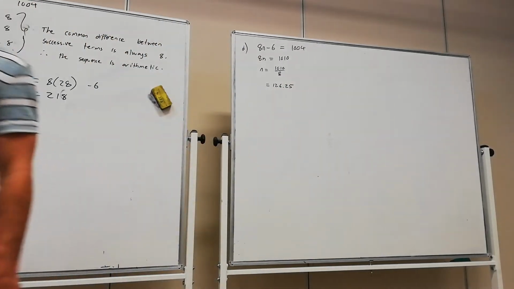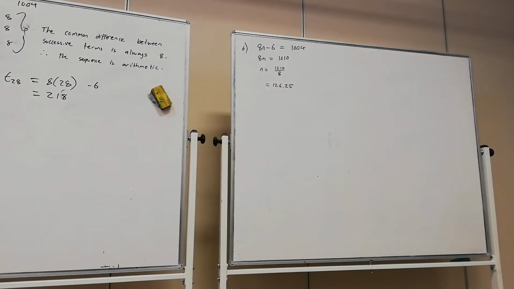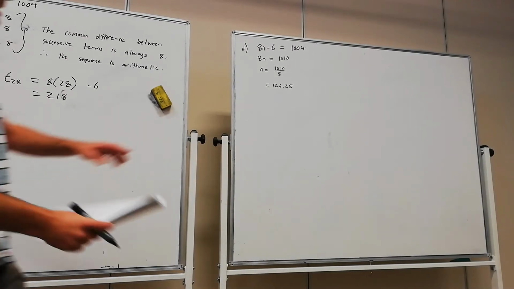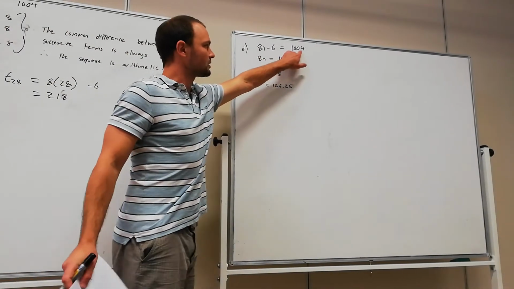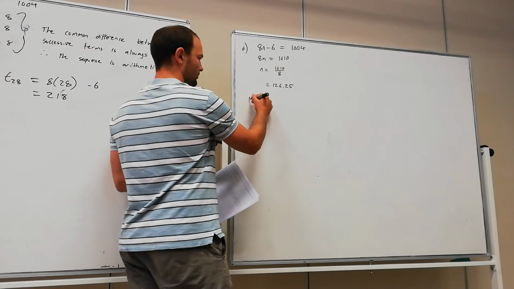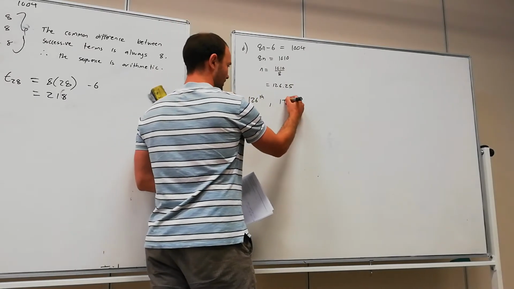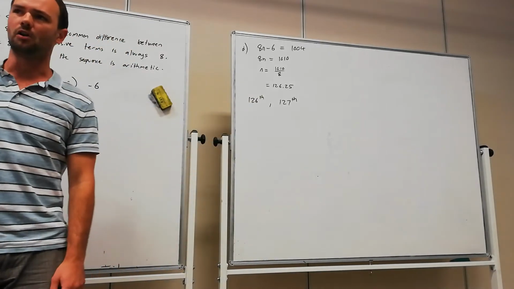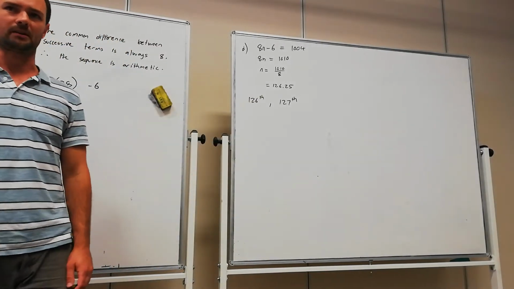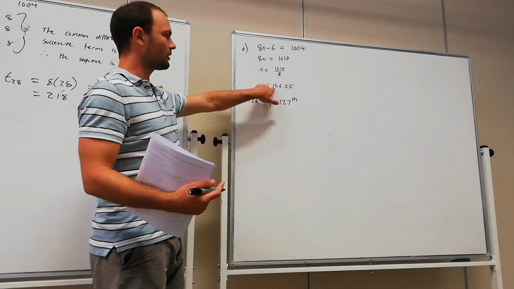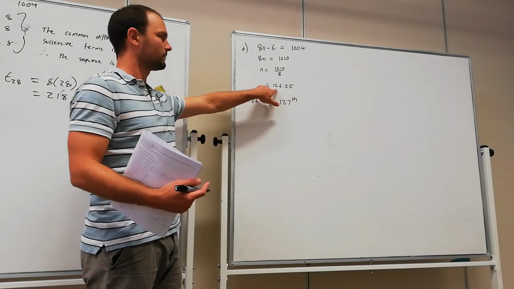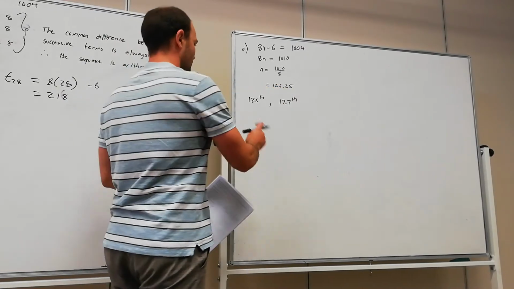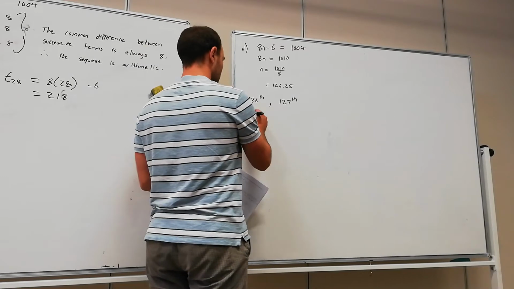So what this means is 1004 is in between the 126th term and the 127th term. It's in between these two terms, so it is not a member of this sequence. The simple way is this is not a whole number. It's not an integer.